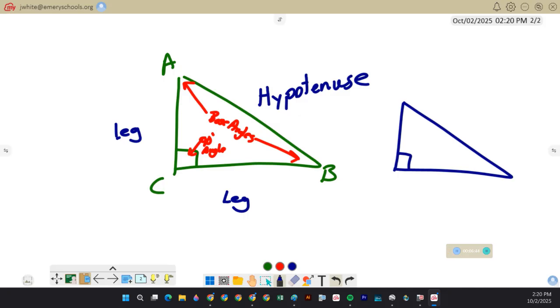So in every single trigonometry problem, you have to pick one of the angles, or a lot of times they'll pick it for you. They'll say use A or use B. And you cannot use the right angle. Here in a minute you're going to forget that, but I'm reminding you, you cannot choose the right angle. And a lot of times, the base angle we choose, we call it theta.